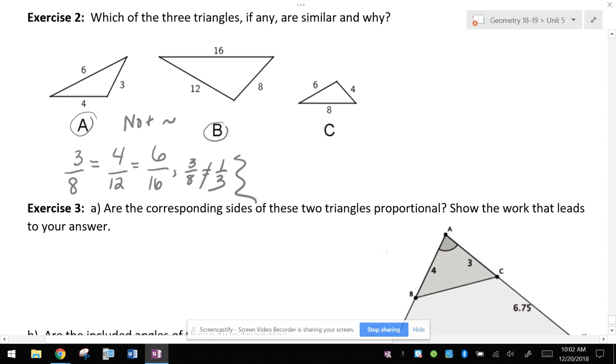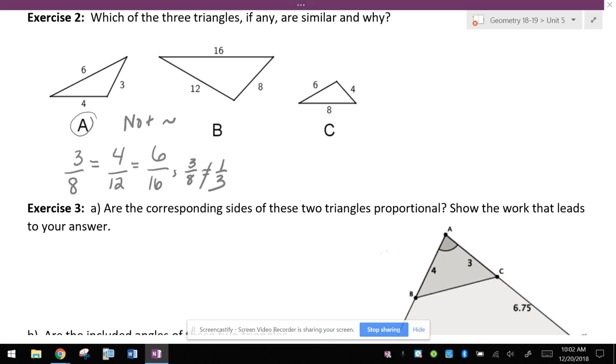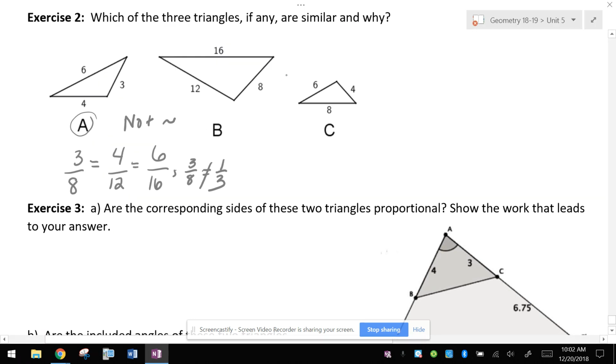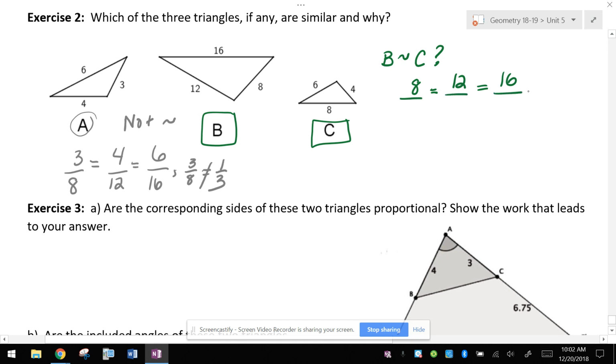Okay, let's try B to C here. So if I work with B to C, I'm going to use a different color. So is B similar to C? We're going to find out. I'm going to do short, middle, big. Short, middle, big for B is 8, 12, 16.